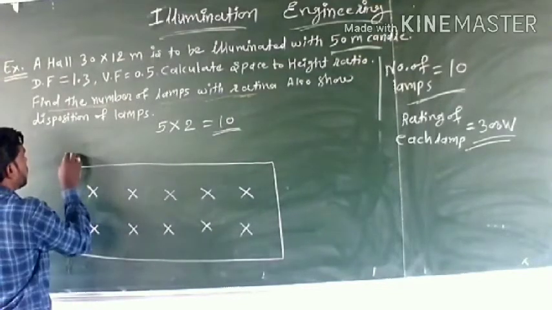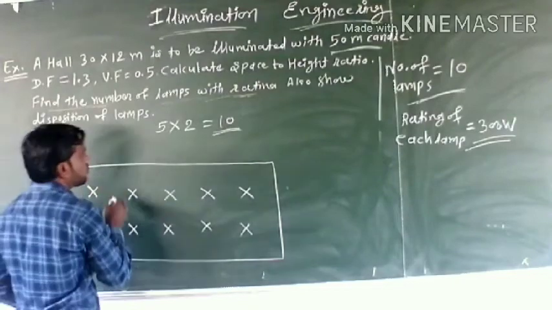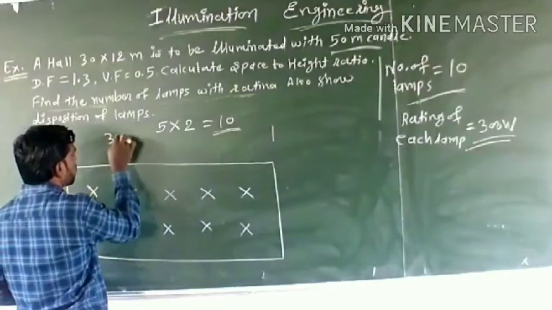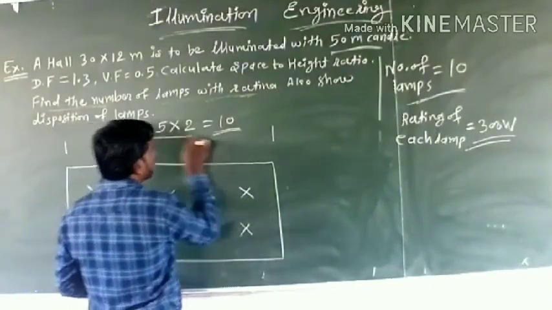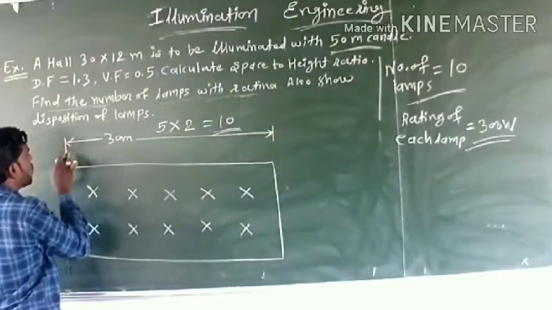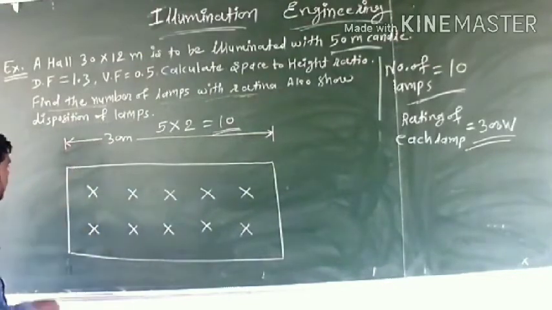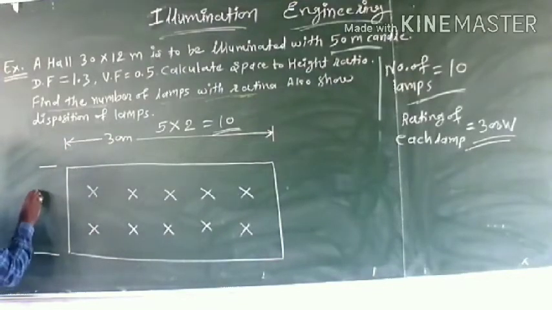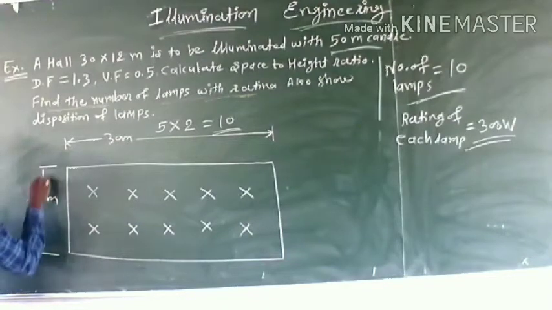Here you can write easily: length is 30 and width is 12 meters.